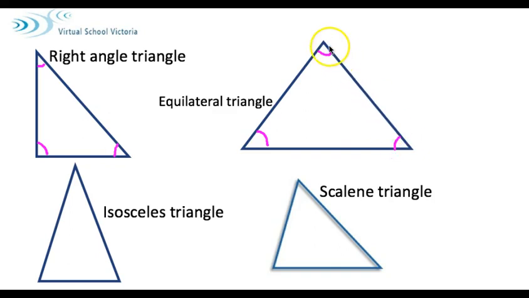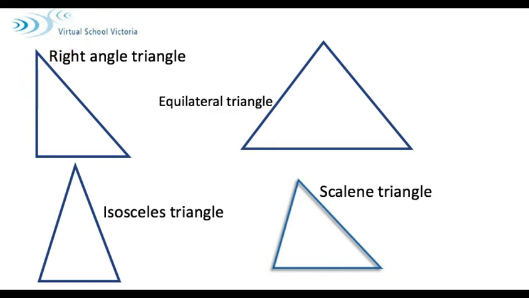So 60 degrees plus 60 degrees plus 60 degrees makes 180 degrees. An isosceles has two equal sides and two equal angles. So these two angles are the same and this one is different. The scalene triangle has no equal sides and no equal angles.